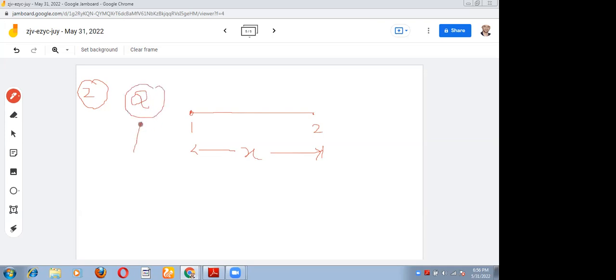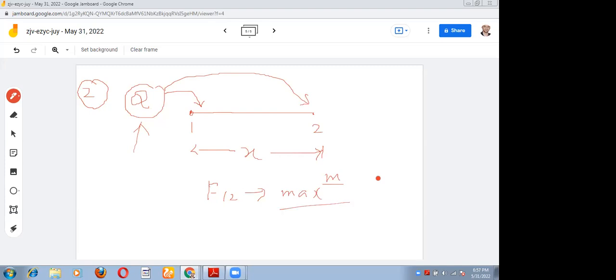You have been given a charge Q. You have to distribute this charge Q among the two particles 1 and 2, such that the force between 1 and 2 is maximum. I will dictate the question also.